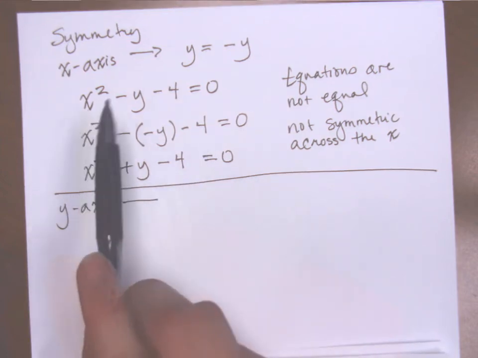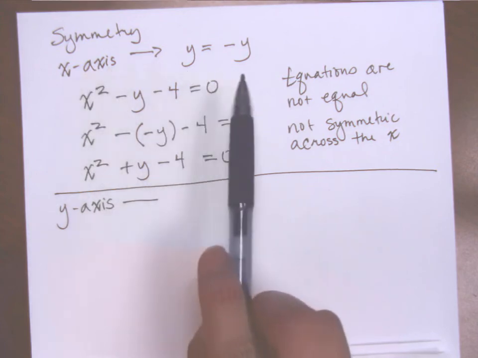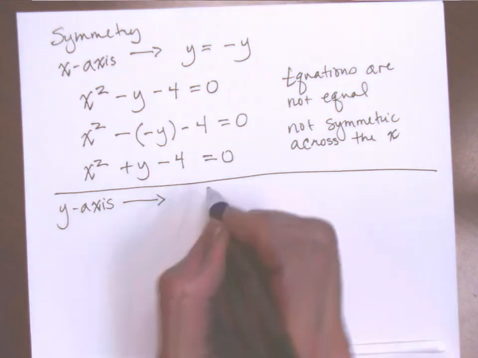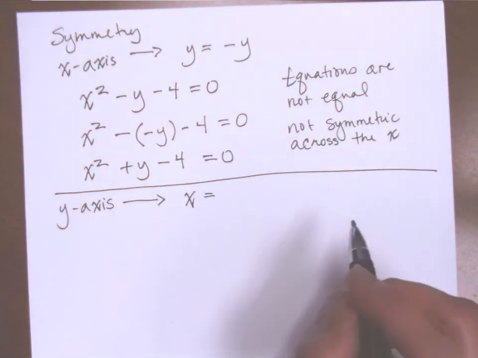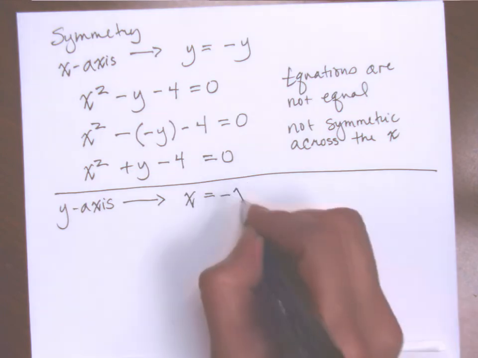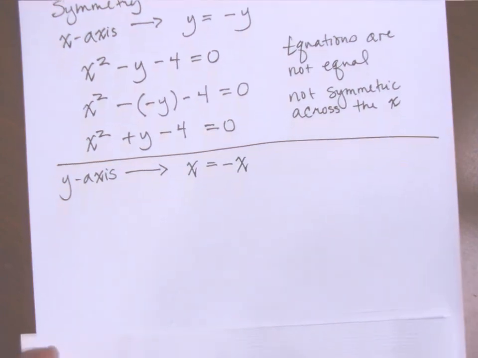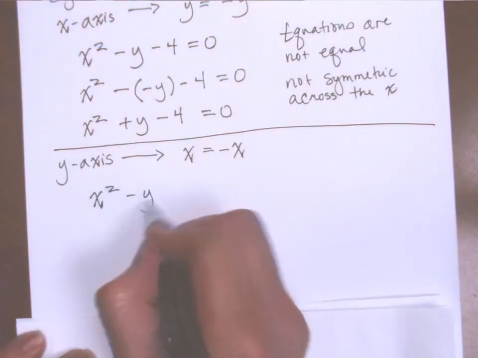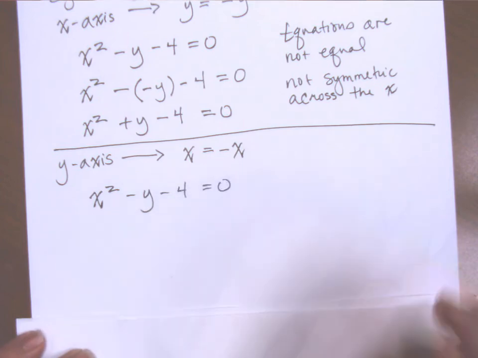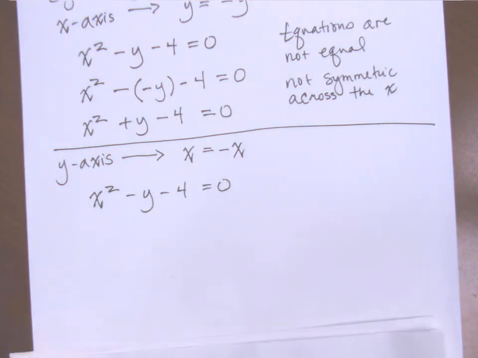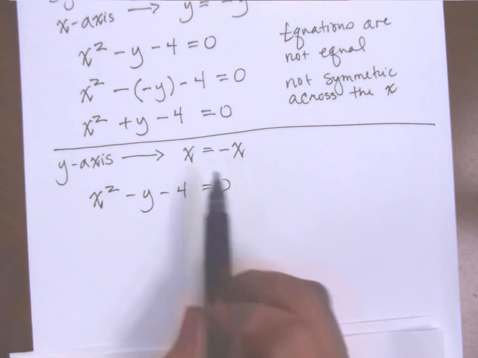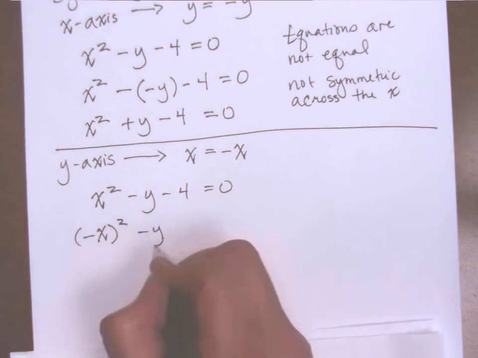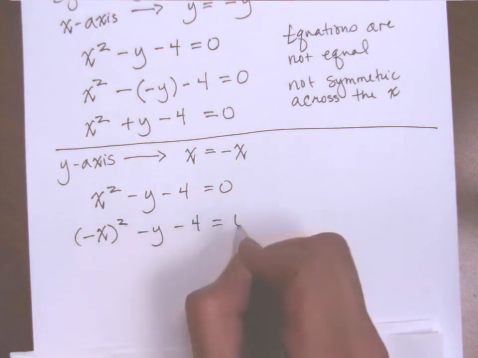when I was testing for x-axis symmetry, I was working with my y values. And so for my y-axis, I want x, and I want to substitute in negative x. Remember, my original equation is x squared minus y minus 4 equals 0. I'm plugging in a negative x for x, in parentheses: negative x, squared, minus y minus 4 equals 0.